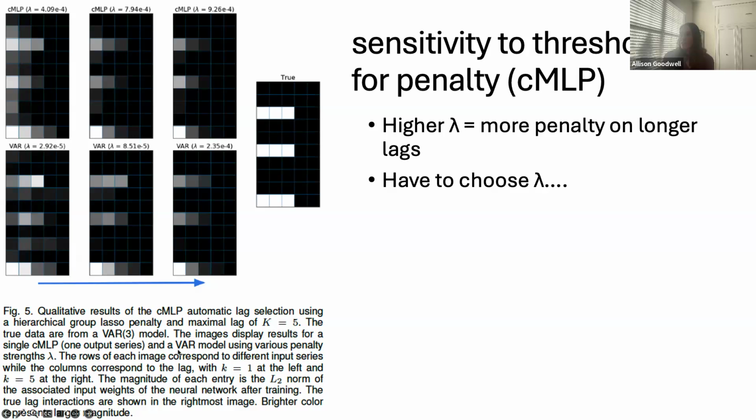If the lambda is too small, you have false detections. And if it's too large, you lose longer time lag interactions, which makes sense. So lambda is a thing that you have to choose. They do say the magnitude of each entry is the L2 norm of the associated input weights of the neural network after training. So there's some up in the air discussion about how you might best choose a lambda for your given purpose.